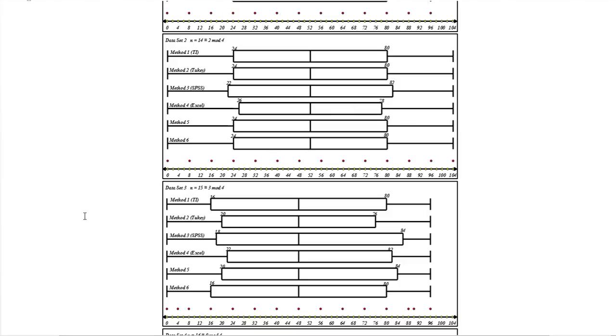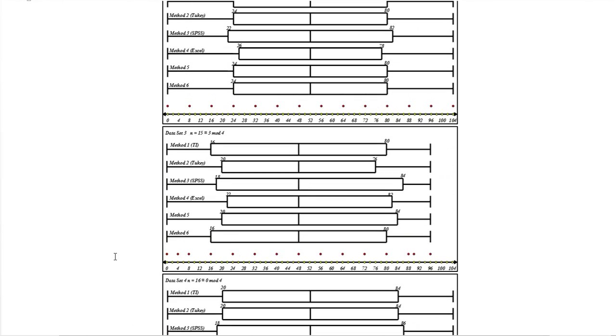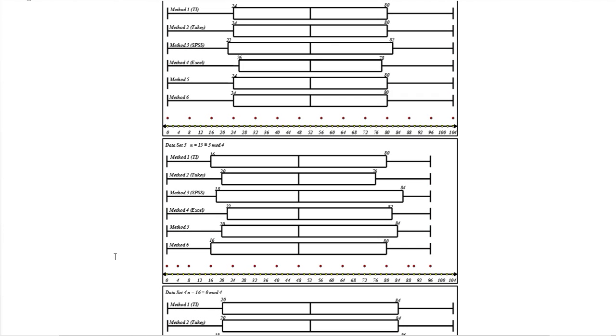So the basic interpretation is the same. Just be aware that there are different methods. A lot of the detail here is not really important. But the main thing is that you do get different methods there, and you can do the basic interpretation of what's going on.